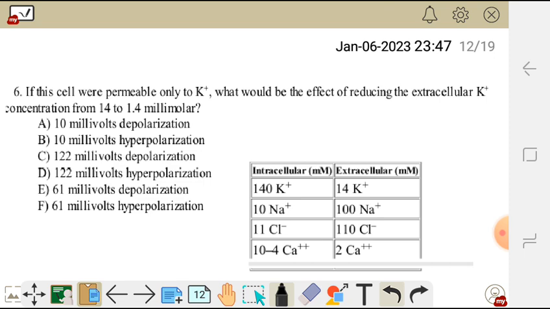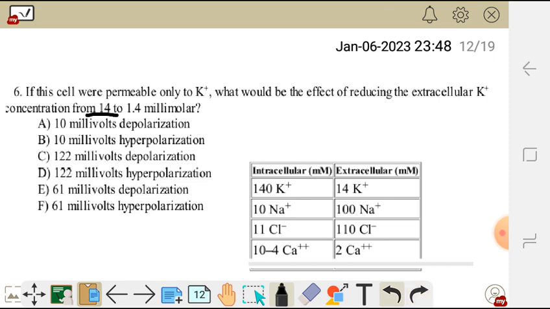So question 6. Question 6 reads, if this cell were permeable only to potassium, what would be the effect of reducing the extracellular potassium concentration from 14 to 1.4 millimolar? So what would be the effect of reducing the concentration of potassium from this 14 extracellular to 1.4? To find the effect, we need to calculate the equilibrium potential.